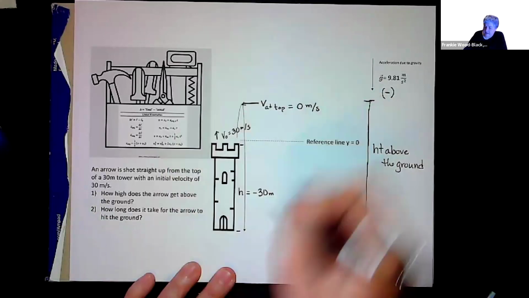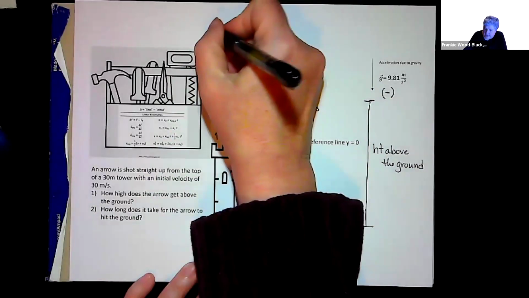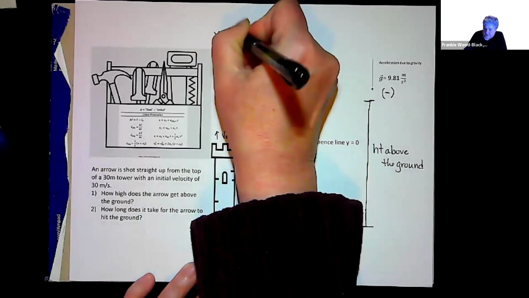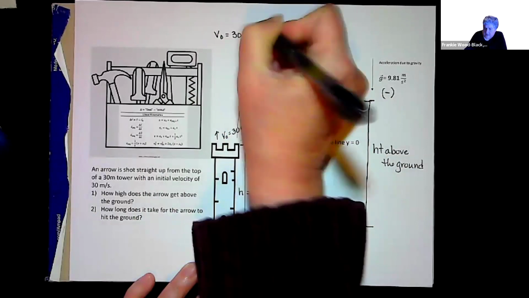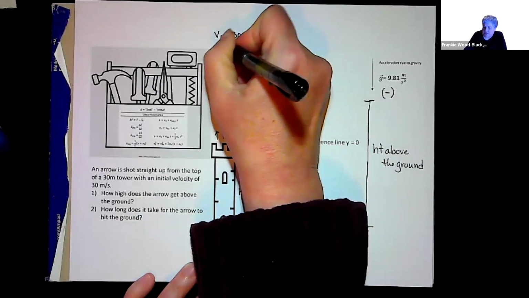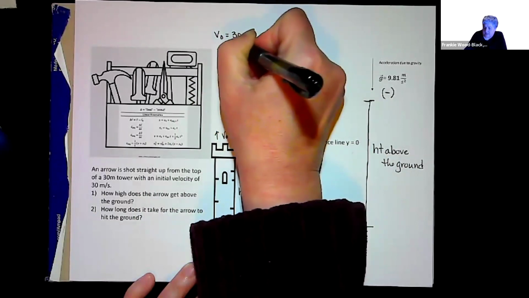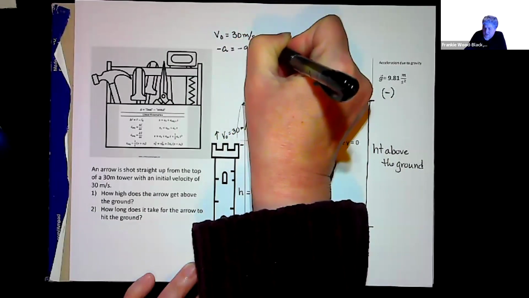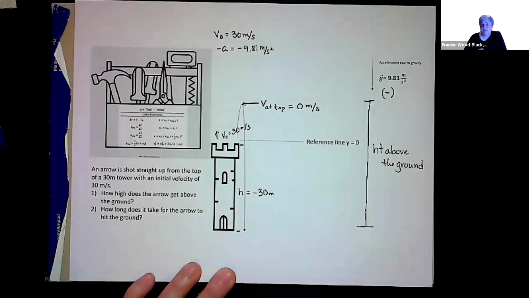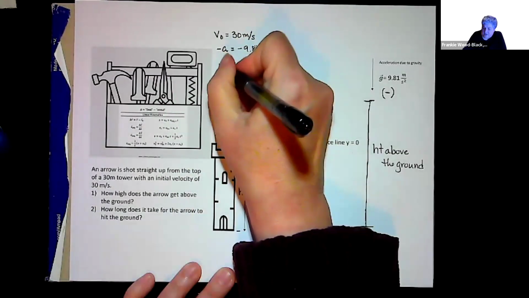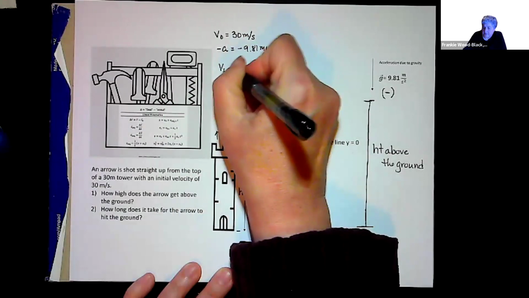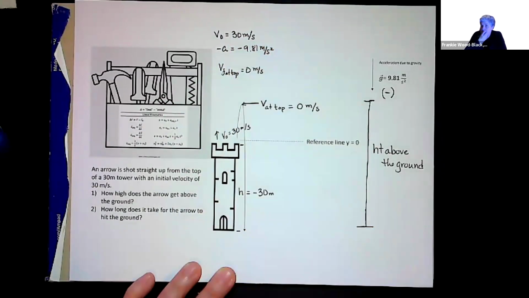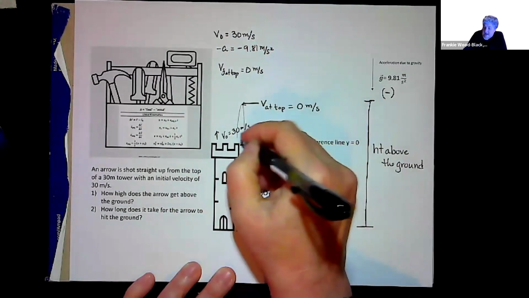So now if I look at what I know, my initial velocity is a positive 30 meters per second. I have an acceleration that is a negative acceleration, that's negative 9.81 meters per second squared. I have a final velocity at the top of 0 meters per second, and I want to find a height.